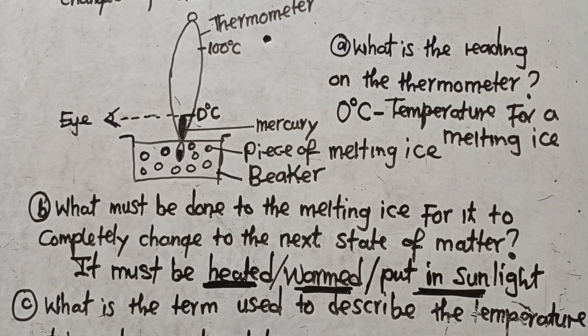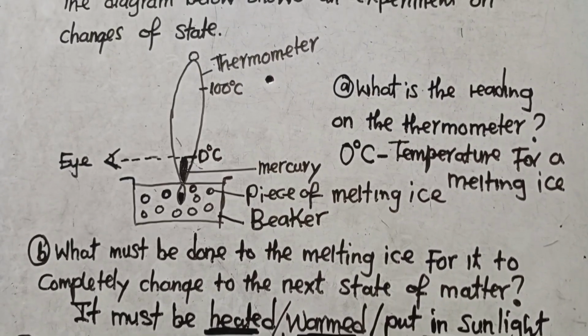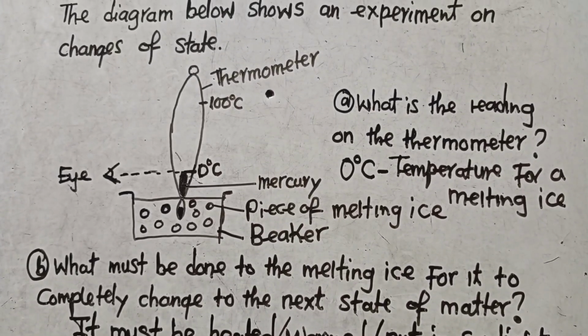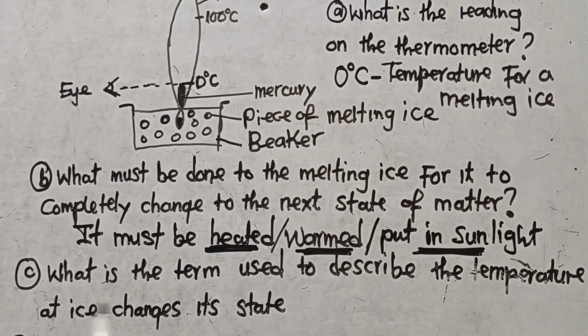We move now to the next question. We are revising through these questions, and I just want you to follow me clearly and attentively. Let us move to C. C is saying, what is the term used to describe the temperature at which ice changes its state? Get this keyword.